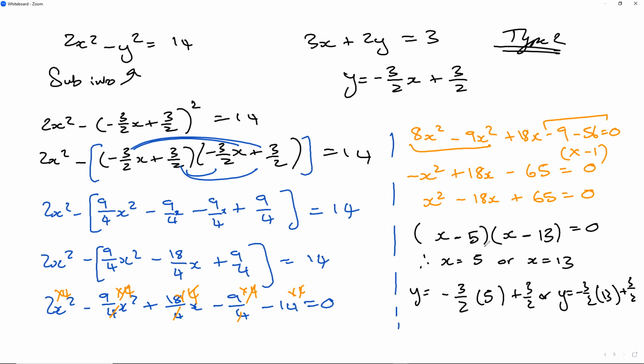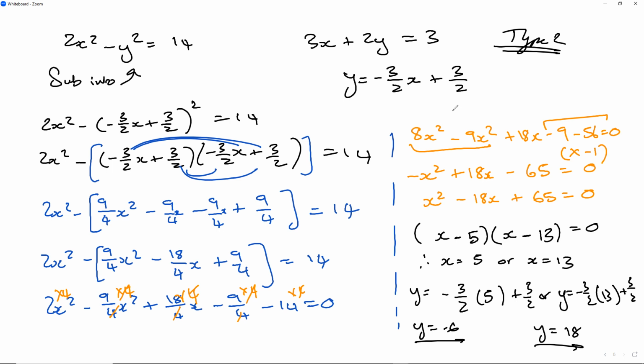And if I go ahead and calculate that on a calculator, well, it's negative 15. What's negative 15 plus 3? Negative 15 plus 3 is negative 12 divided by 2 is negative 6. This is negative 39 plus 3, which is negative 36 divided by 2, which is negative 18.